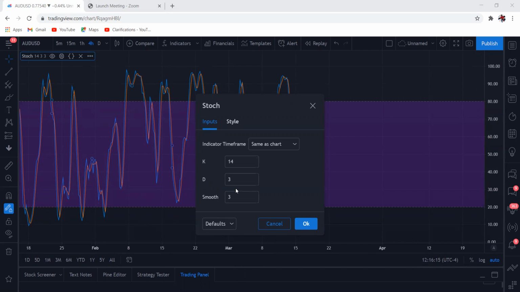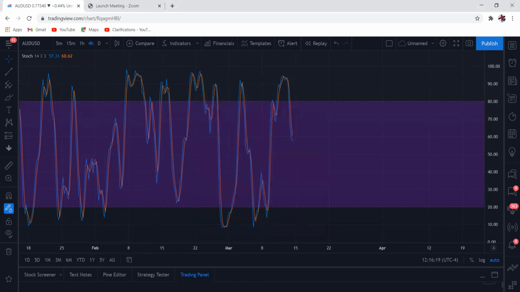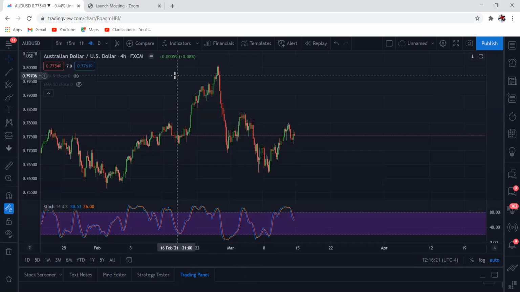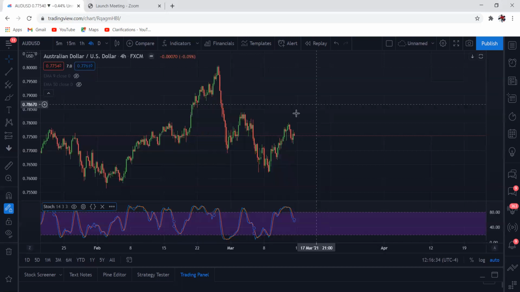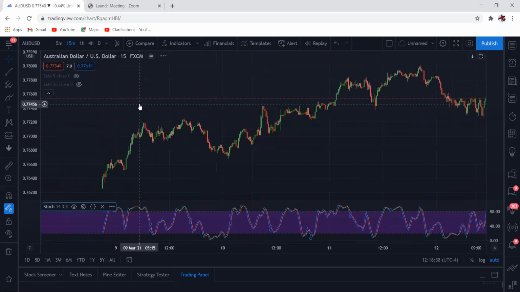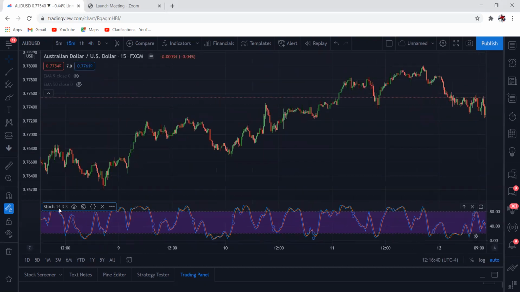So what do I mean by fast? The fast is for traders who like to be in and out of the market. If you lower your settings to 3, 3, 5 or 3, 3, 8, to me it's all relevant based on what you're trying to accomplish. If I'm trading on the 15-minute and I change my settings to 3, 3, 5, it's going to give me a lot more opportunities to buy and sell.